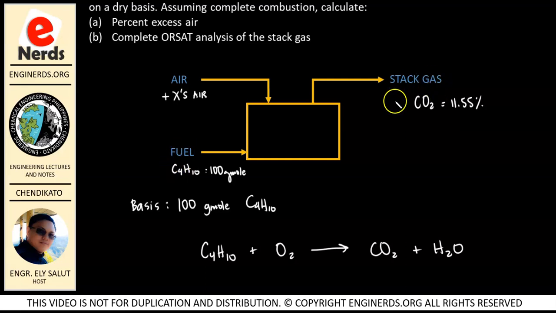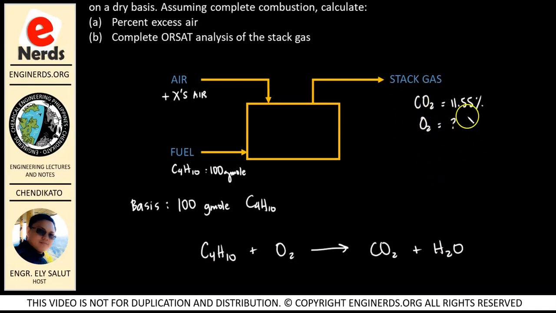So what other components do we expect to have in our stack gas if we have a complete combustion? We will not have carbon monoxide. We will be expecting excess oxygen, right? So we will have excess O2 in our stack gas.